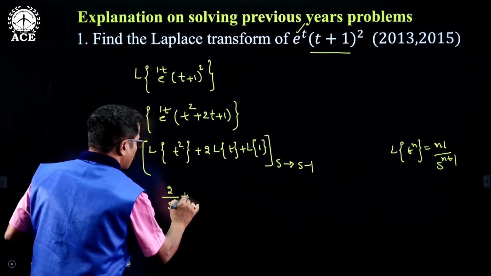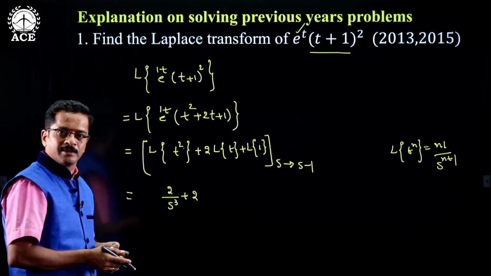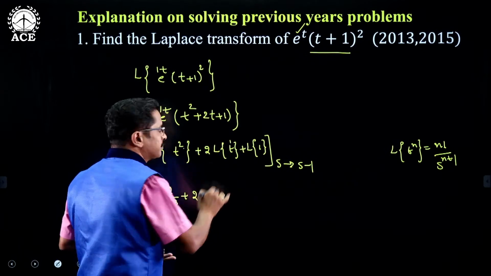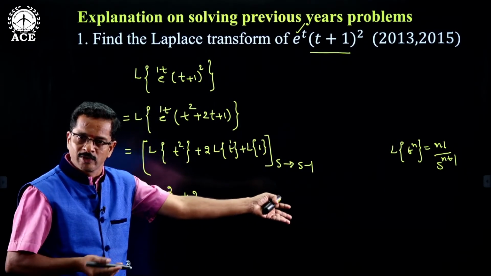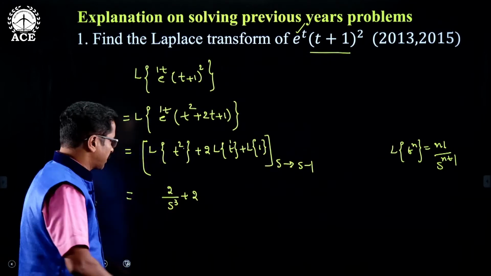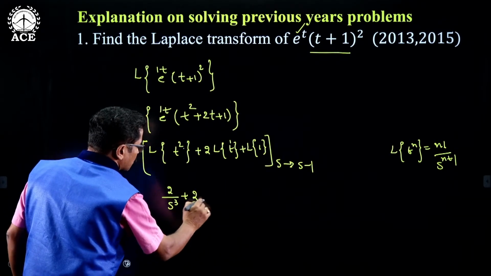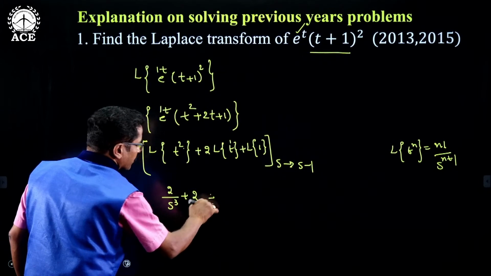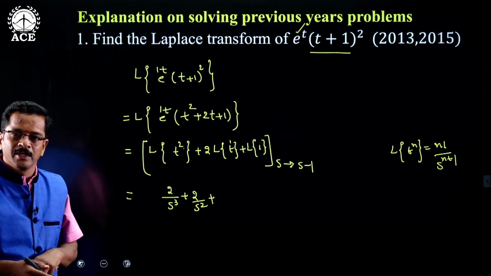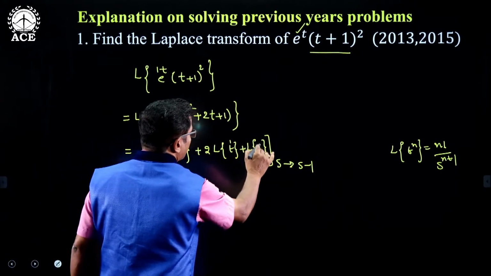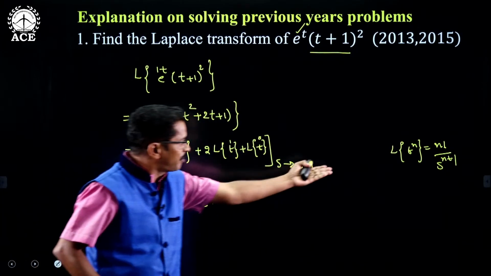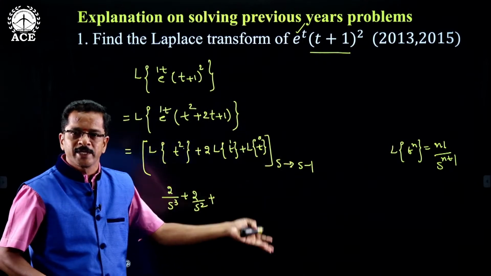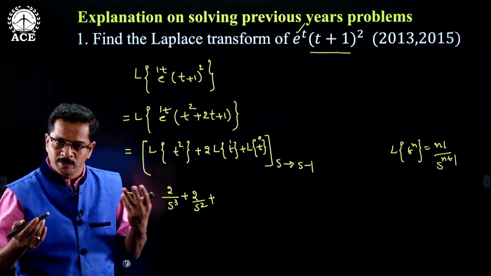Plus 2 into L of t, here n is 1. So 1 factorial by s power 1 plus 1, 1 factorial is 1, so 1 by s square. That is 2 into 1, 2 by s square. L of 1 is nothing but t power 0. Put n equal to 0 in this formula. You will get 0 factorial by s power 0 plus 1, which is 1 by s.